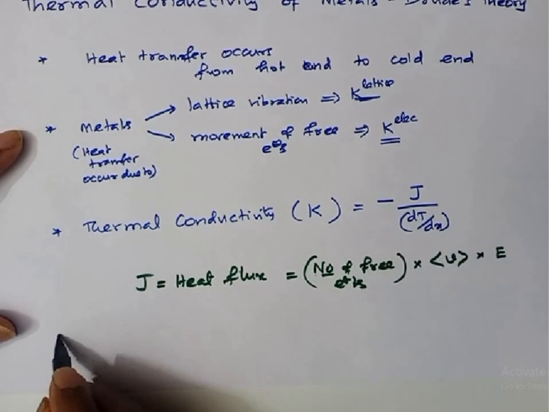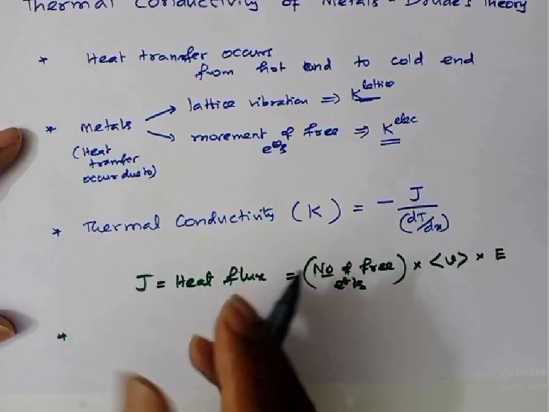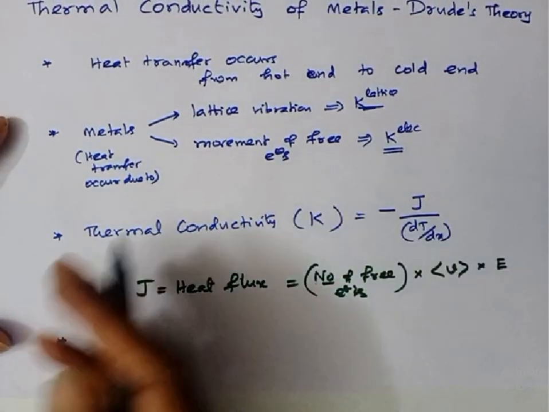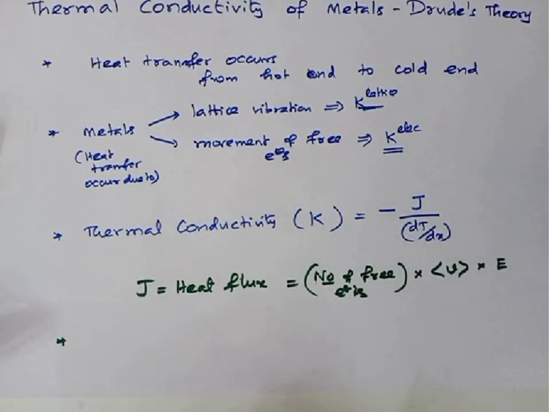And remember, in metals the free electrons are moving randomly. What is the difference between free electrons under electric field and free electrons due to temperature difference? Listen, under electric field the free electrons move in one direction, whereas because of temperature difference, if heat transfer occurs from hot end to cold end, we cannot say that electrons always move from hot end to cold end.